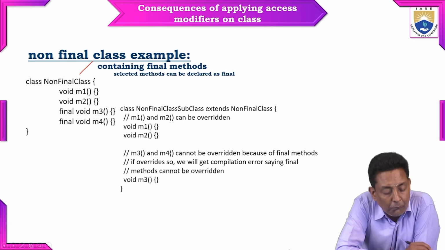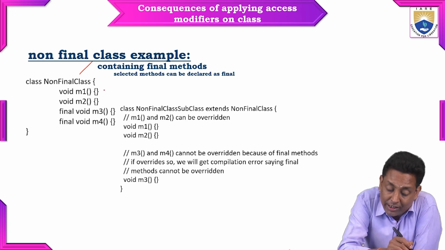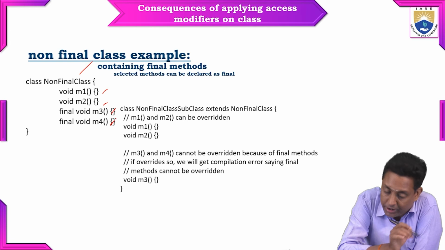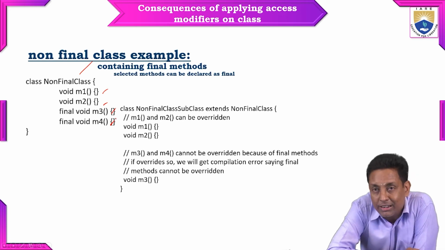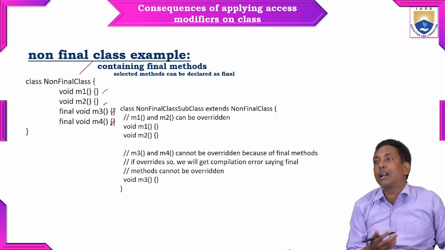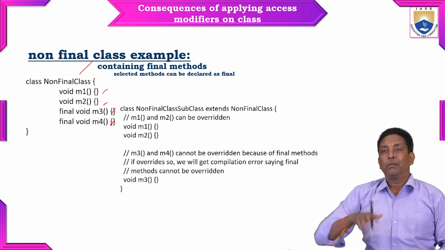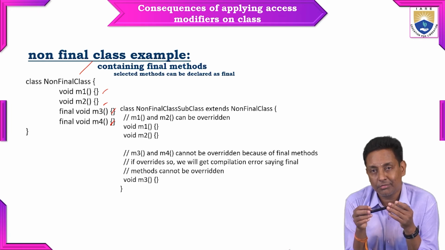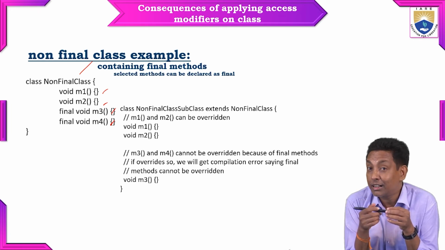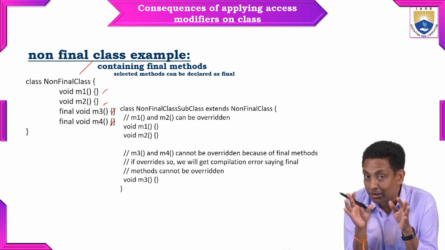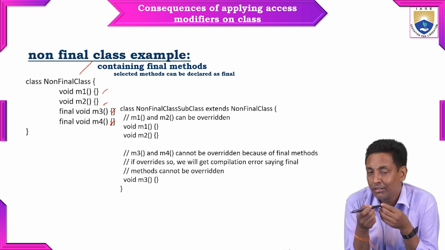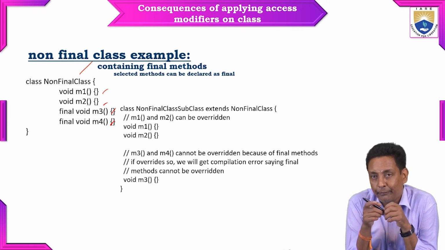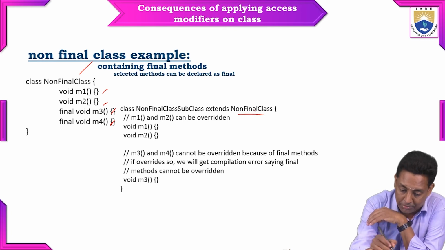See here, in our class, all four methods, M1, M2, M3, M4, are final. I decided to write all method implementations in my class as final methods. If a class contains all methods as final, then from such a class, a subclass is derived.